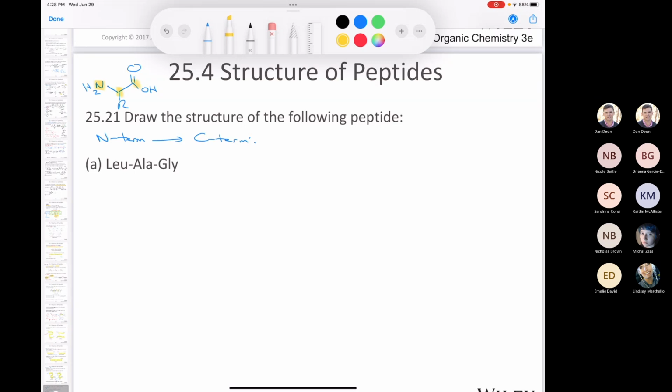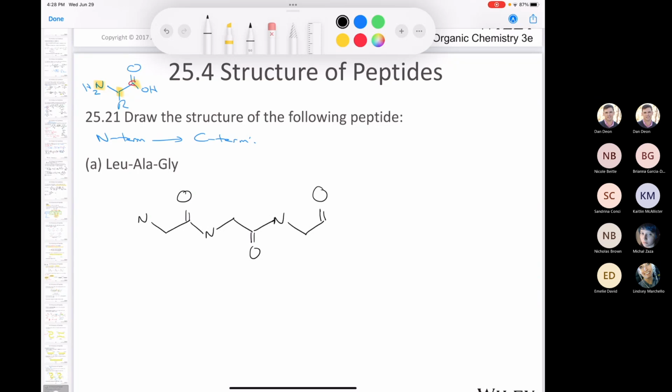Okay, so NCC, NCC. Now, if you want to be even more detailed, you can say NC, and the next carbon is a carbonyl. So since we have 3 amino acids, watch very carefully. We're going to go nitrogen, carbon, carbonyl. Nitrogen, carbon, carbonyl. Nitrogen, carbon, carbonyl.